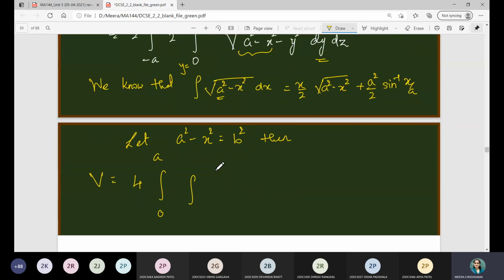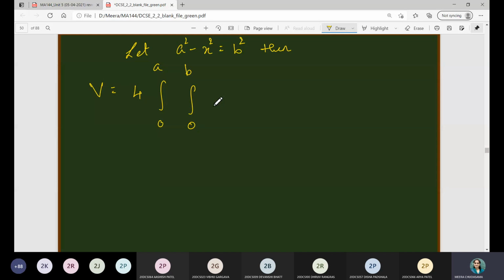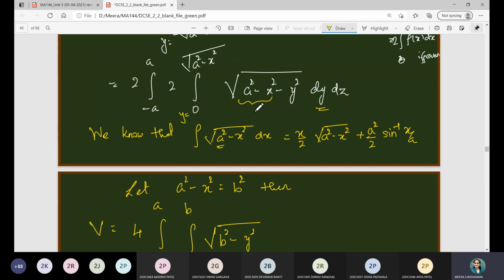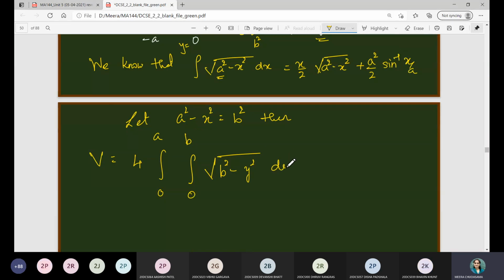So here you can see minus a to a, 0 to b, square root of b square minus y square. We have already taken this quantity as b square. So dy dz, and let us now integrate this with respect to y using this star formula. So it is 4 times 0 to a. The integration of this one will be, now the variable is y and the constant quantity is b.